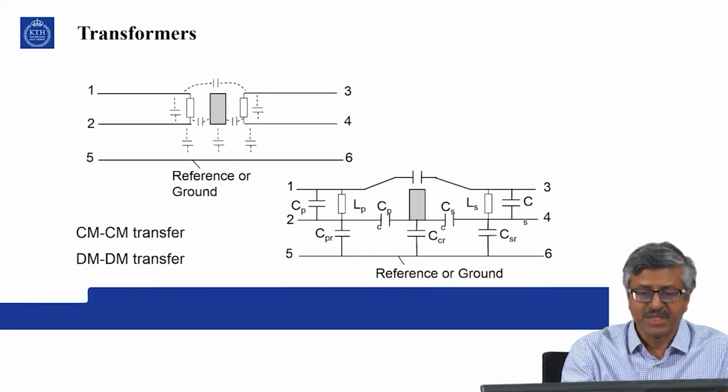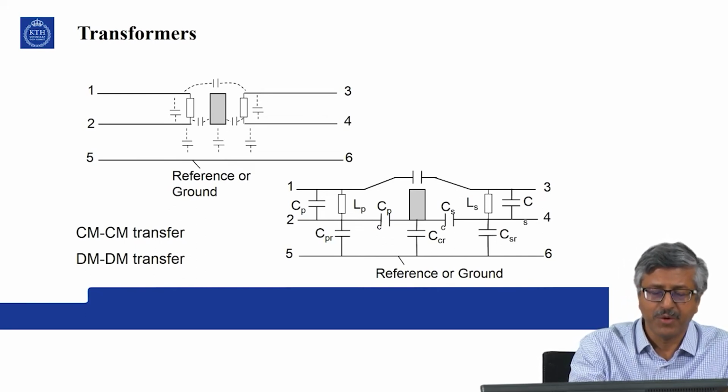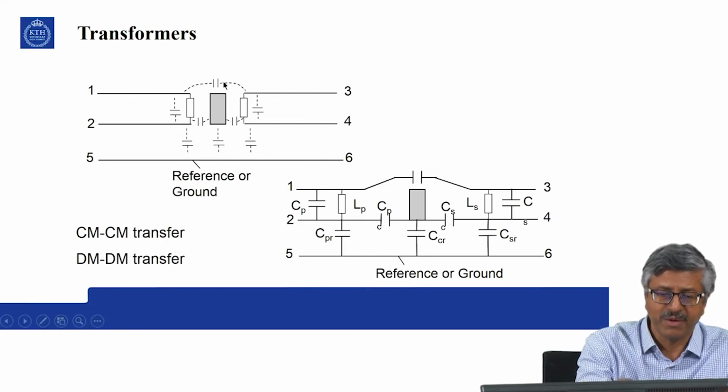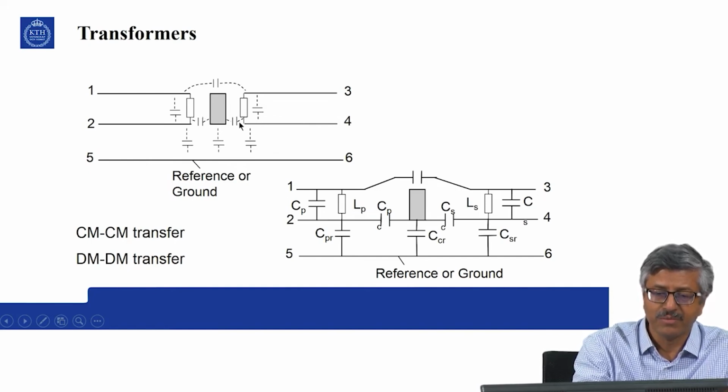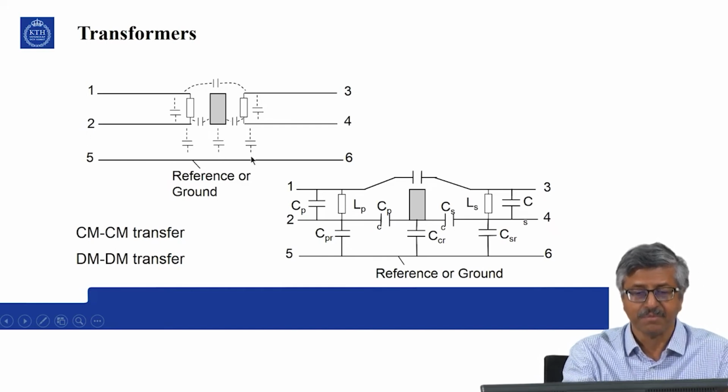So, transformers are 6 terminal devices, and you have several parasitic elements between primary and secondary, across the primary, across the secondary, primary to the core, secondary to the core, core to reference, primary to reference, secondary to reference, etc.